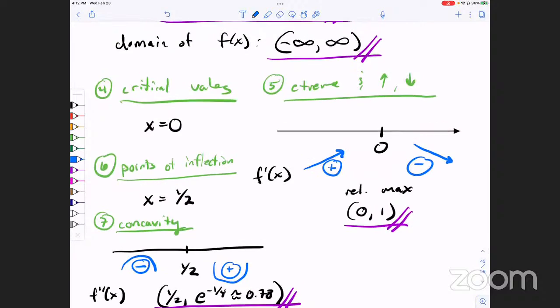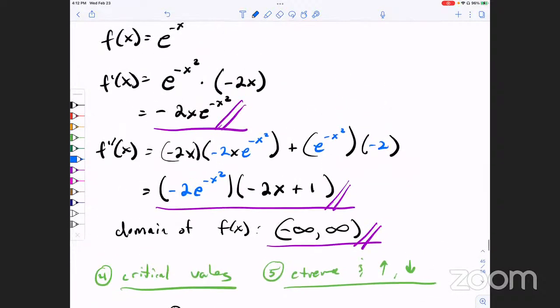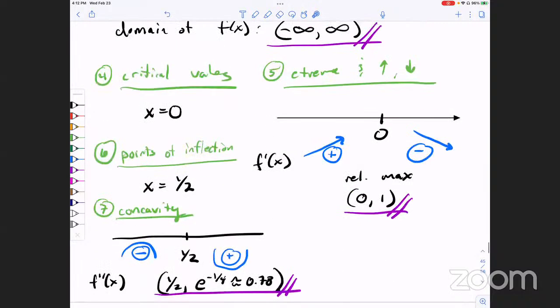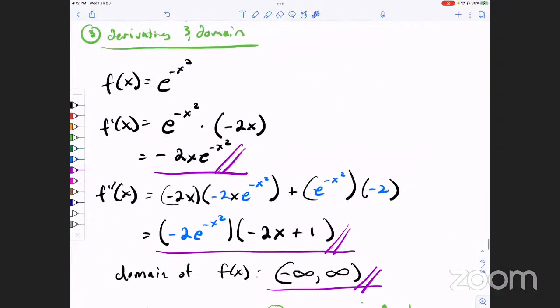If we take -1 and plug it into the first derivative, this is positive, this is positive. Yes, positive, right? Now if we take 1 and plug it into the first derivative, this is negative, this is positive.